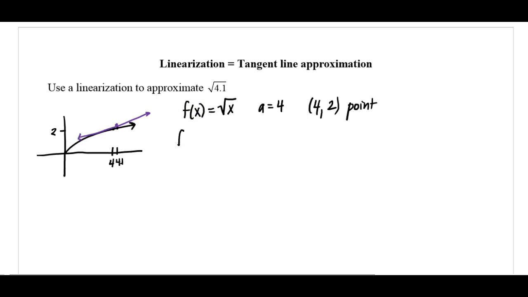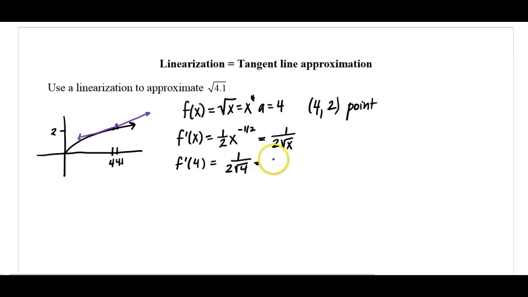And now to find my slope, I need the derivative of f of x so that I can substitute 4 in. So the derivative of f of x, well, let's remember the square root of x is x to the 1/2. So f prime of x is 1/2 x to the negative 1/2. And I'll go ahead and simplify that a little because I'm going to substitute a number into it. I'm going to rewrite this as 1 over 2 times radical x, so that now when I substitute in my value of 4, I get 1 over 2 times the square root of 4.